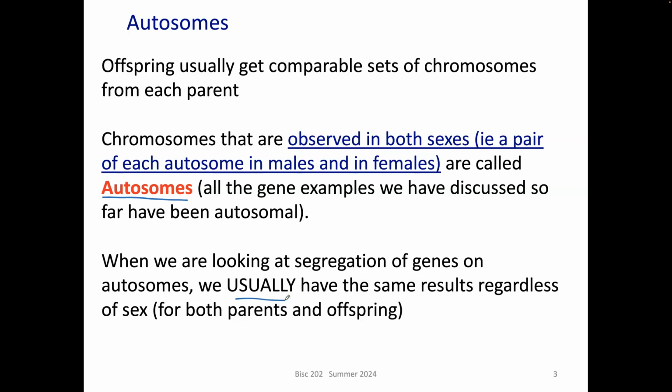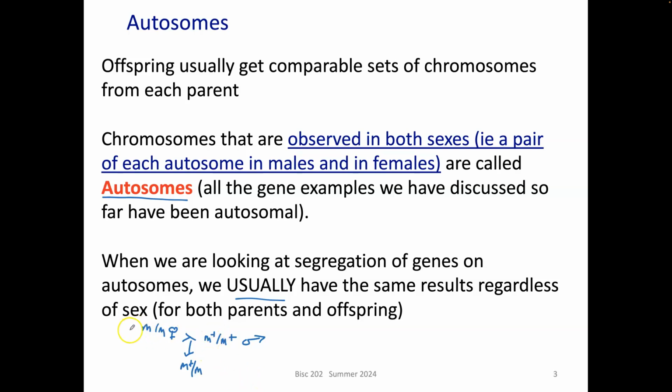So it doesn't matter, for example, if you have a female who's homozygous for a mutation crossed to a male that's maybe wild type for that gene. The little plus superscript means wild type. So if you did the cross this way, all the progeny would be heterozygous, whether they were male or female.